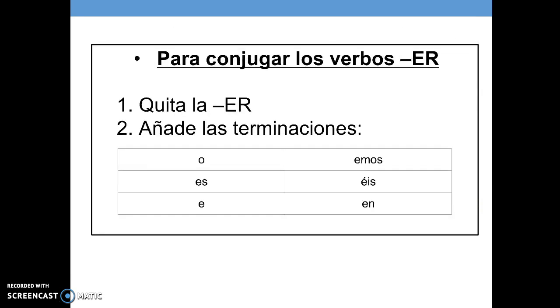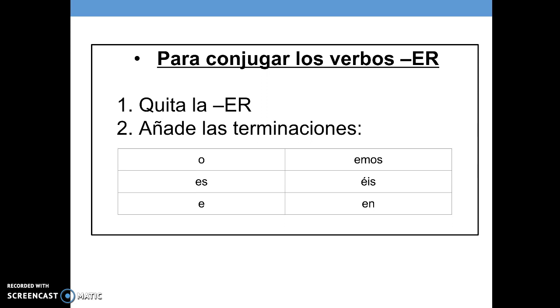Para los verbos ER, rules are similar. Get rid of the ER or quita la ER. Then you're going to add the endings o, es, e, emos, éis, and en. Once again, each ending matches up with a specific subject pronoun.